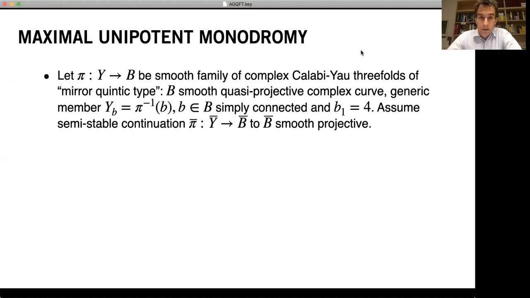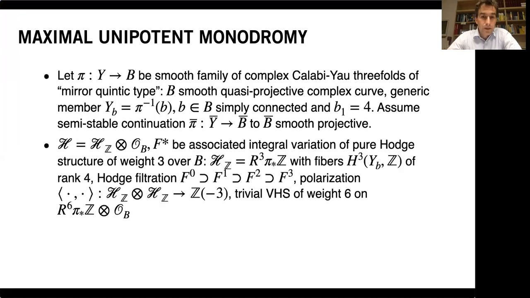Other than that, just like the quintic, there's this associated variation of Hodge structure of weight 3 over B, which is the fibers of the third cohomology with integral coefficients. You have the Hodge filtration and the polarization.